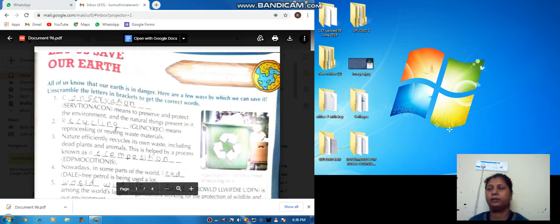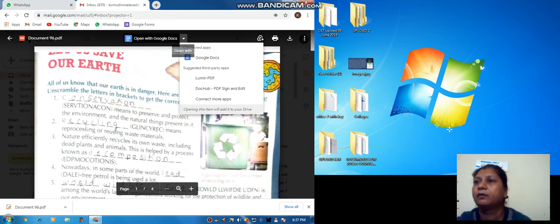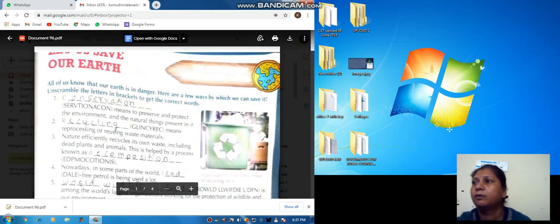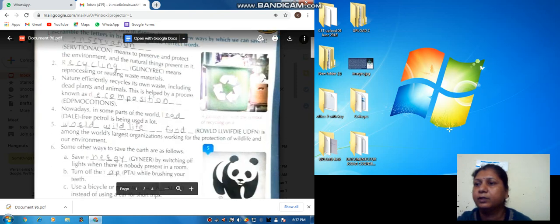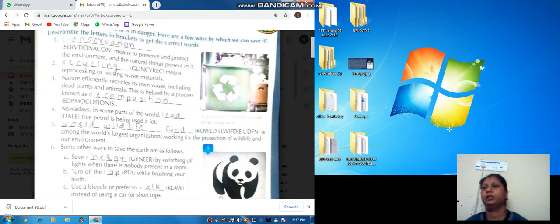To protect wildlife and the environment, many organizations are working, and one among them is the Worldwide Fund. So what is the fill in the blank here? It is World Wide Fund.